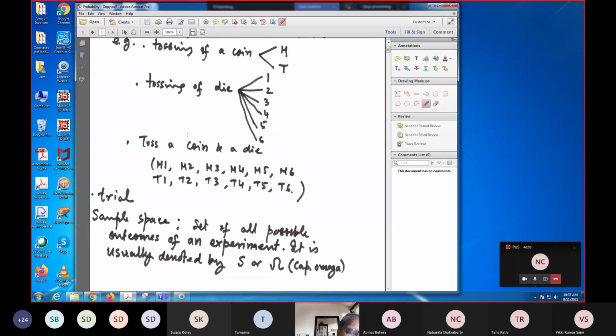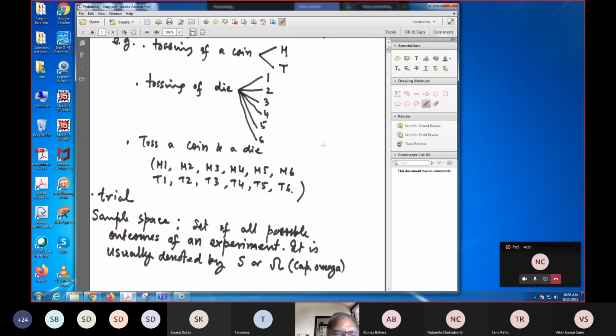So we may have 2 into 6 outcomes. Basically we will have head, and along with the head 1 may come, along with the head 2 may come, along with the head 3 may come, along with the head 4, 5, 6 may come. Then along with the tail, T1, T2, T3, T4, T5, T6.